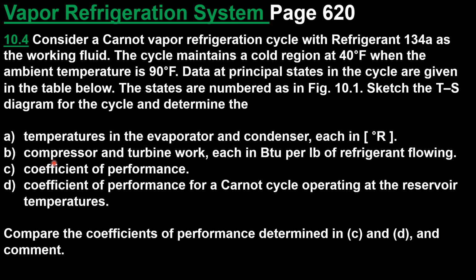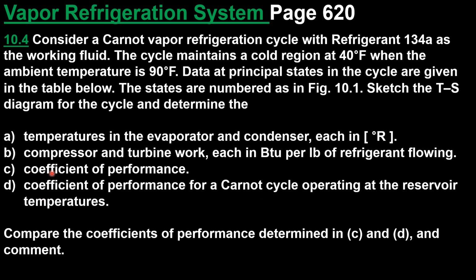We can easily use the conversion factor. We want to find (b) the work of the compressor and turbine, each in BTU per pound mass, or in other words, the specific work for the compressor and the specific work by the turbine of refrigerant flowing. (c) The coefficient of performance. (d) The coefficient of performance for a Carnot cycle operating at the reservoir temperatures.